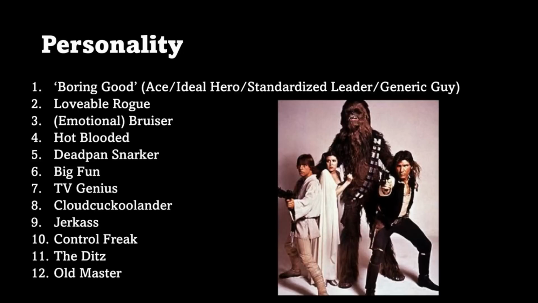And the Old Master is seldom actually part of the team, but they may go on bits of the journey with them, right? So you take these four and you add Yoda, it becomes a 5-man band, and Old Master's part of the team. Typically, though, they're more of a quest giver, or they could be dying at the start or something, but they're usually a quest giver rather than part of the actual team, but they can be part of the team is the point.